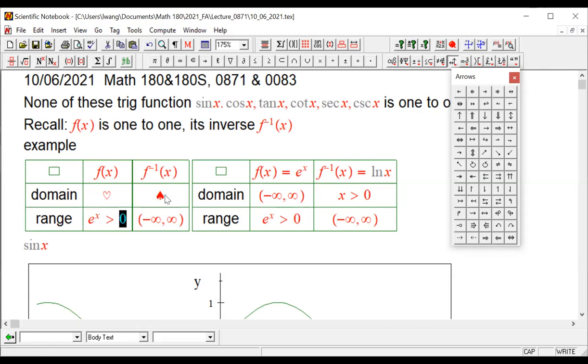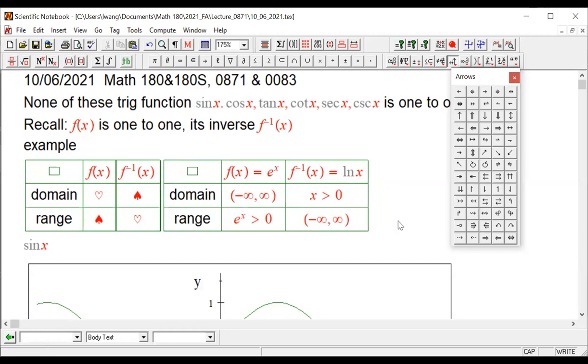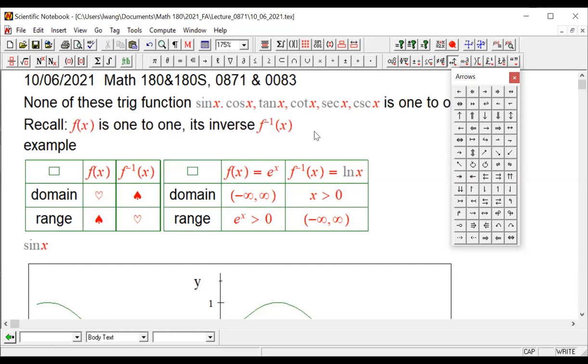And over here, the spade will be the domain for the inverse, and the heart will be its range. So one's domain is the other's range. Always, this relationship is consistent no matter which pair of inverse functions we're talking about.